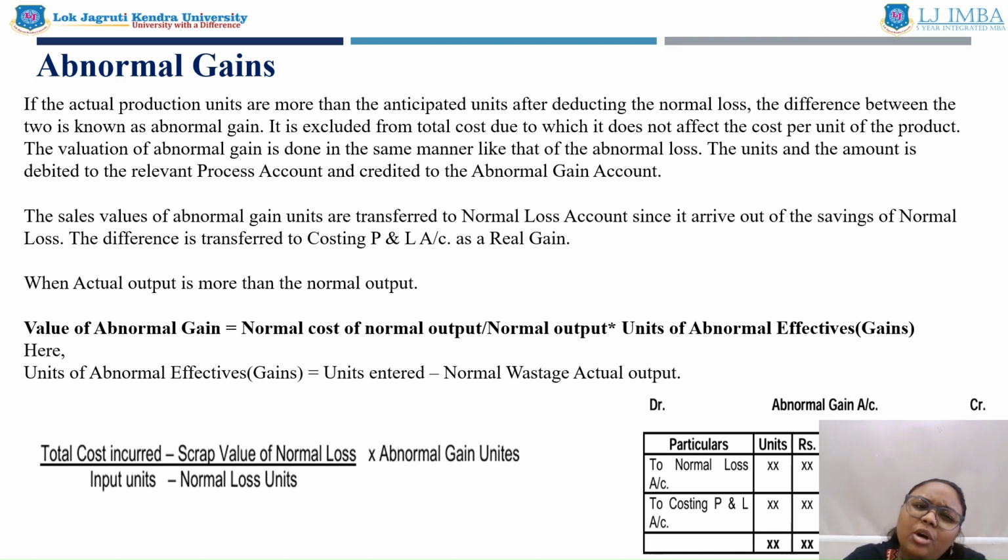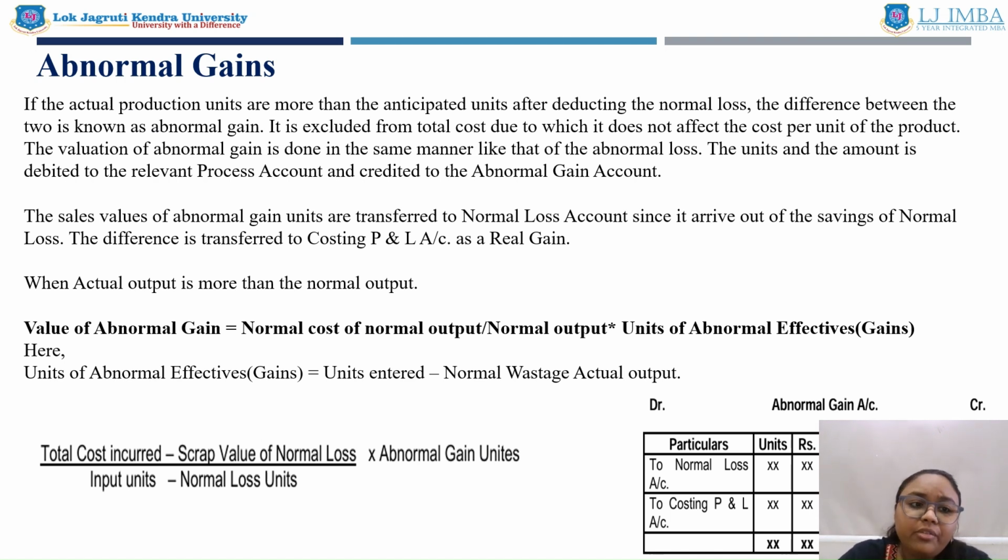So what is abnormal gain? In actual production, if units are produced more than you have decided, you thought that with 100 kg of input I'll get 50 units, but instead you get an output of 55 units. So it's a gain for you, right?